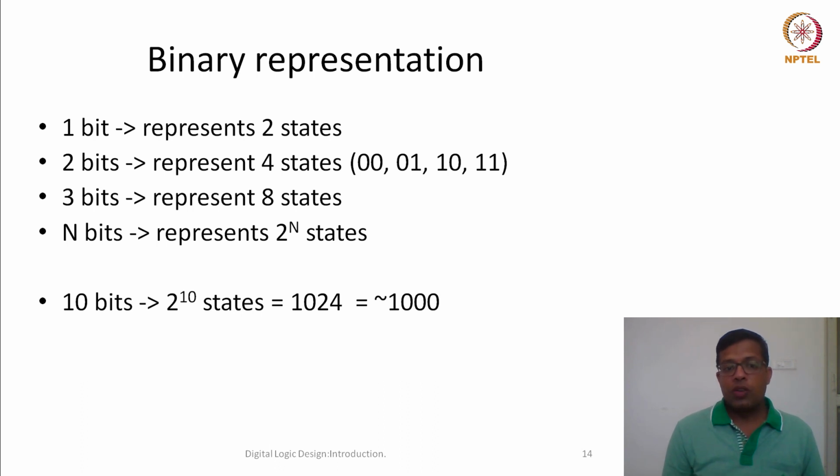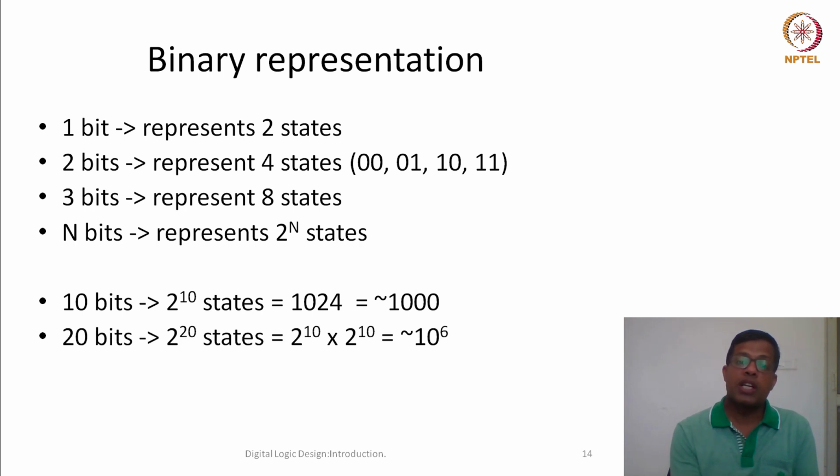Okay, so now let's say, instead of 10 bits, 1 bit means 1 digit, 1 binary digit. 1 binary digit is called 1 bit. Now let us say we have 20 bits. 20 bits could represent 2 to the power 20 states, which can also be written as 2 to the power 10 into 2 to the power 10.